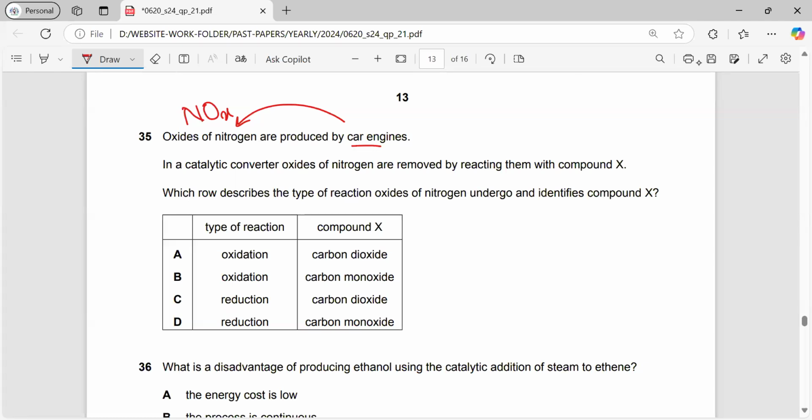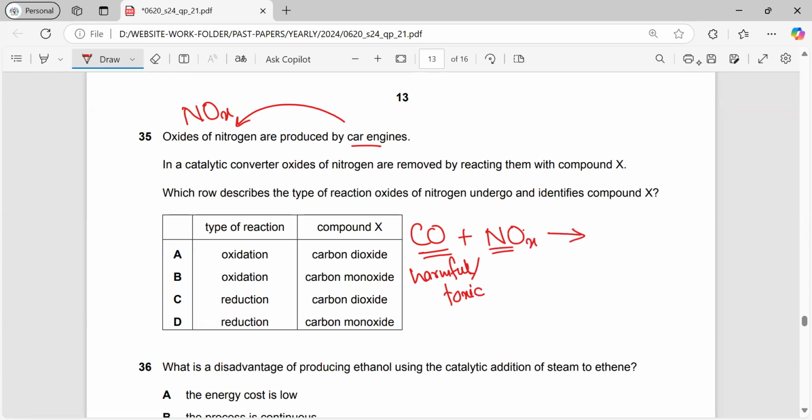In car engines, sometimes due to incomplete combustion, we get carbon monoxide and nitrogen oxides. We will convert this harmful, toxic carbon monoxide into a less toxic gas by reacting it with nitrogen oxides.